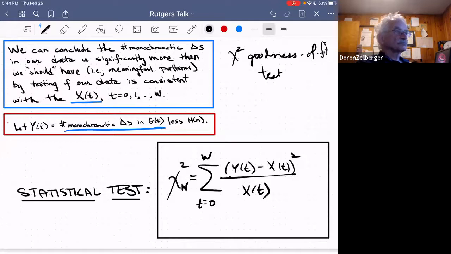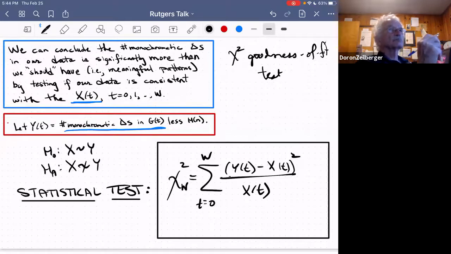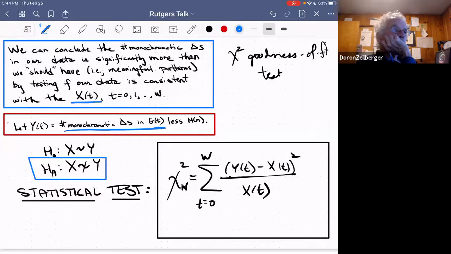So our hypothesis test would be that X and Y have similar distributions against, they are not distributed the same. And what that would allow us to do is say that, if we can conclude that our alternative holds, we do have some meaningful connections going on in our graph.